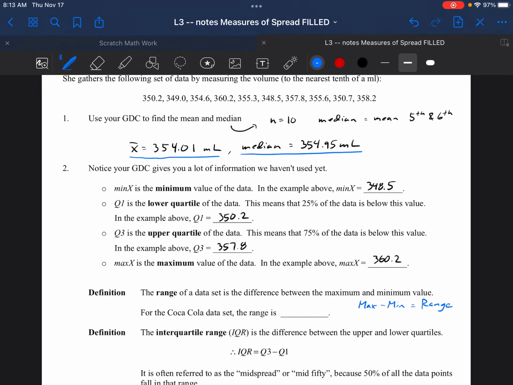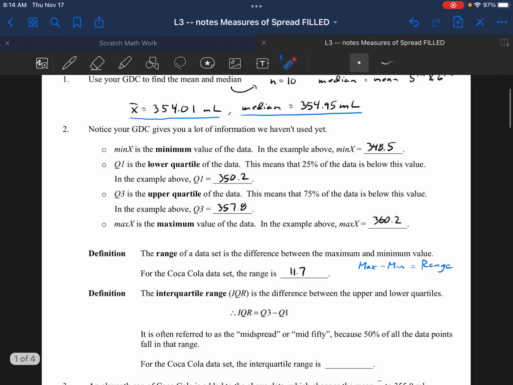That's the range. That's easy. Okay? So in our case, for this data, we would take 360.2, we'd subtract 348.5, and that would give, I believe, 11.7. Okay? So that's 11.7. And again, how are we getting that? We're just taking the max here minus the min.